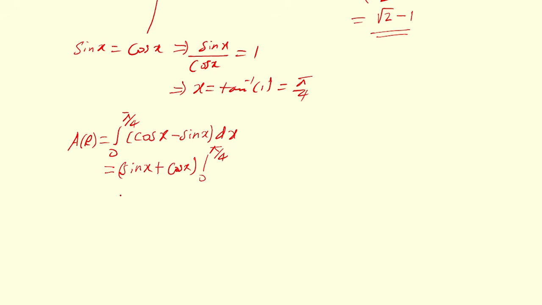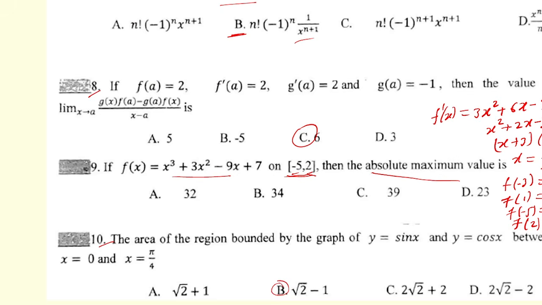Now look, sine pi over 4 is root 2 over 2, plus cos pi over 4 is root 2 over 2, minus sine 0 is 0, plus cos 0 is 1. So the result becomes root 2 plus root 2 over 2, that is root 2 minus 1. This is our answer. So the answer is choice B.